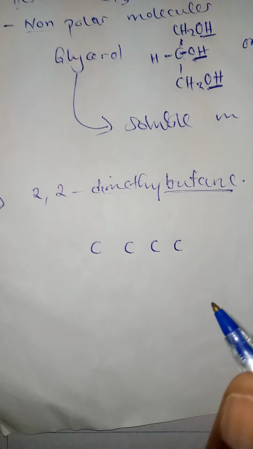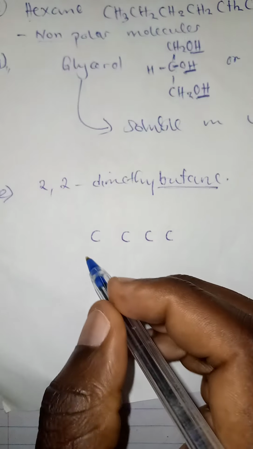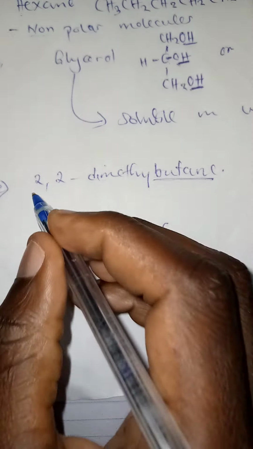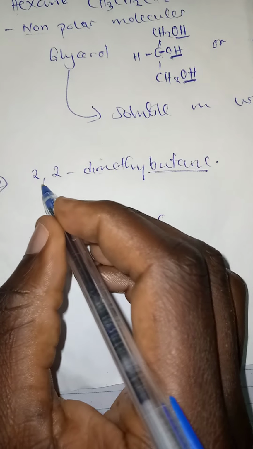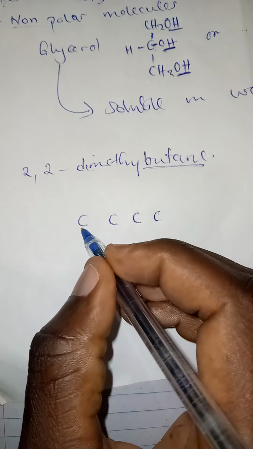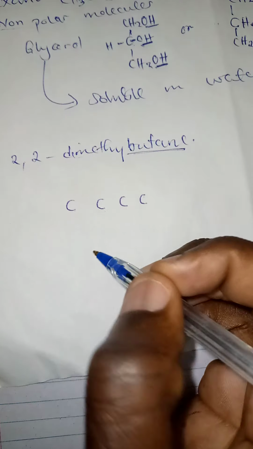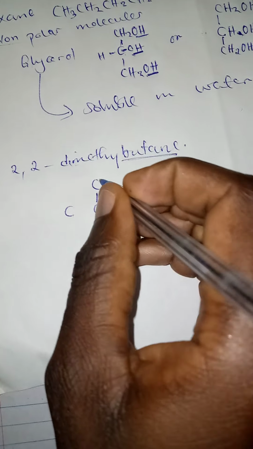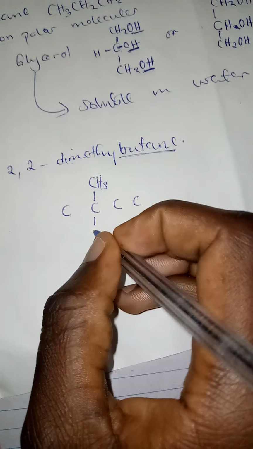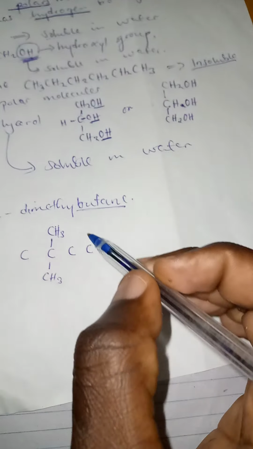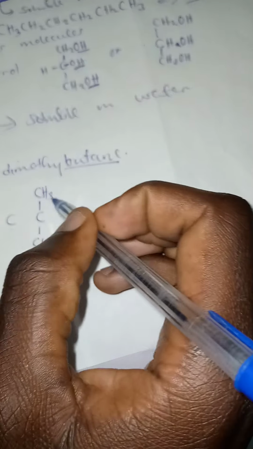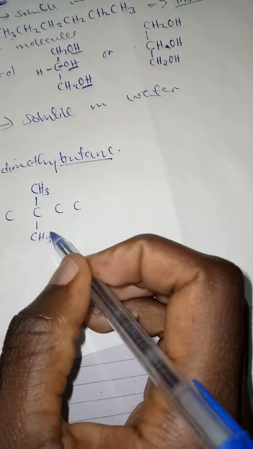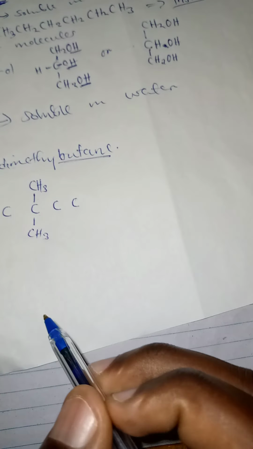This is how you write it. On carbon number 2, this is the interpretation. If I start 1, 2, there is 2 methyl, so I'll put 2 methyl here. So this is methyl, which is a functional group. Also here a functional group of methyl.